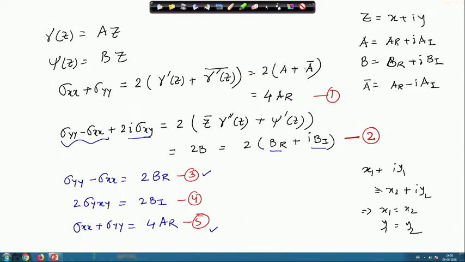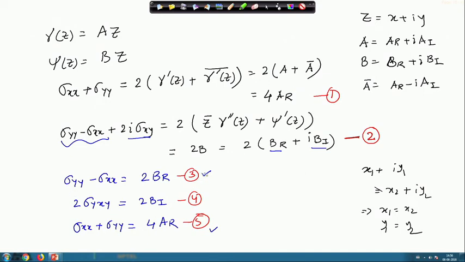From the first expression, if we compare the real part, we get sigma x plus sigma y, and from the second equation, if we compare the real part, we get sigma y minus sigma x, and these two give us 2 equations. From here we can determine sigma x and sigma y. And then from the second equation, if we compare the imaginary part, we get sigma xy.